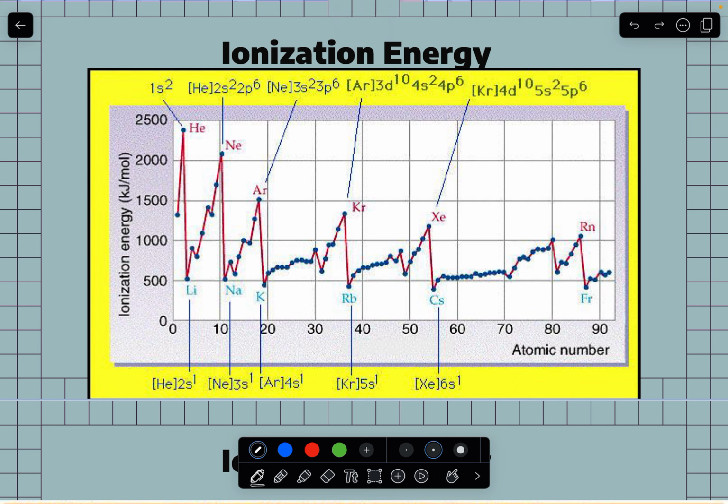So this is period 1, period 2, 3, 4, 5, and so on and so forth. You'll see that as the period goes to the right, it goes up. And then as you go to the next period, it drops down significantly. Okay, so make sure you understand periodic trends with ionization energy.